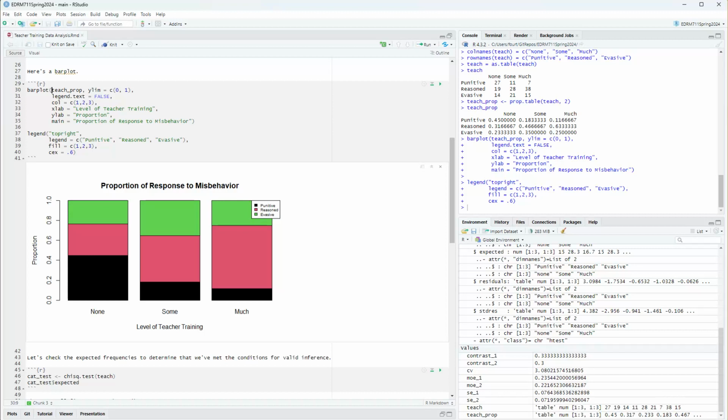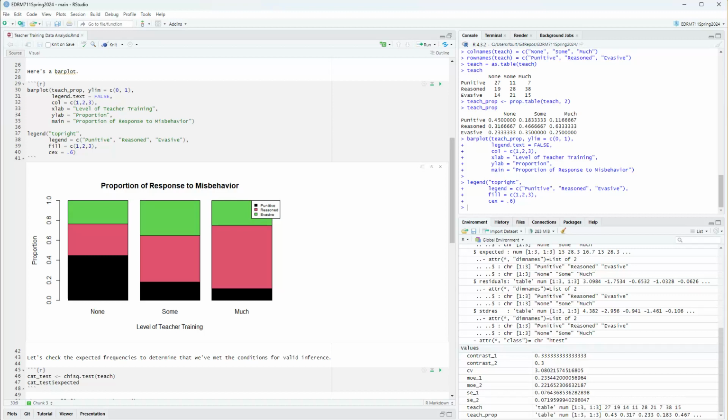to dealing with misbehaviors. So moving on to inference, the conditions we have for valid inference are independence of our observations within groups. So that means that in the no teacher training group, all these participants in our study need to be independent of one another. That's a design characteristic.